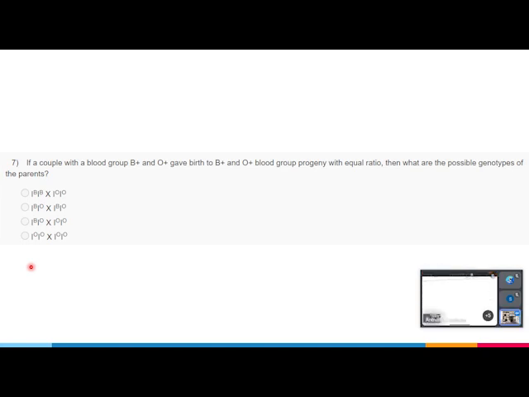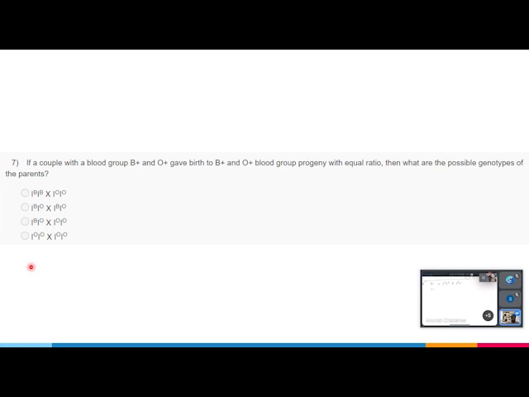So this is question number 7, in which our parents have the blood groups B positive, which can again be either IB-IB, homozygous dominant, or IB-IO, heterozygous.